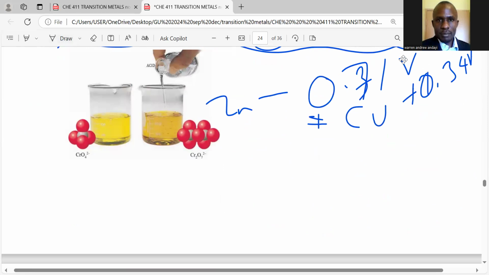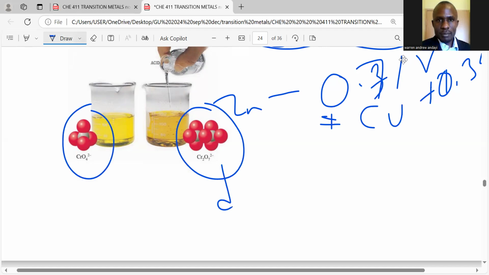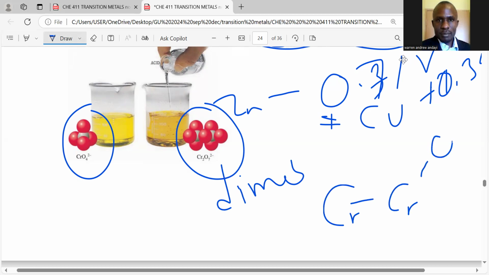And this diagram just shows you the chromate and dichromate, emphasizing the point that chromate and dichromate are related, such that this is a dimer of the other one. You can see how the connectivity happens between chromium and chromium. Then you have your 7 oxygens on it.